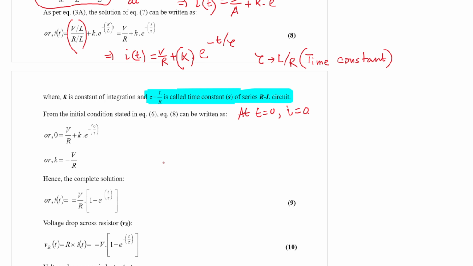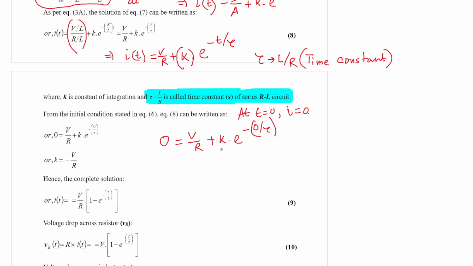So we put i(t) is equal to 0, that is V by R plus K into e to the power minus 0 by tau.